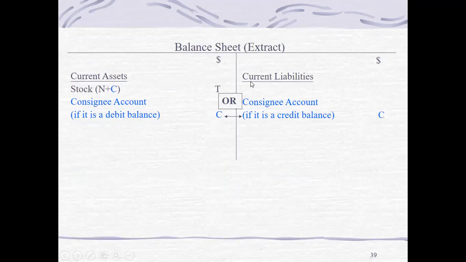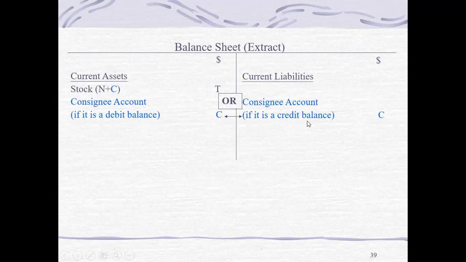For the balance sheet, as extracted under current assets, we can see on the consignor's books the balance of the inventory on consignment. And then there is a debit balance for the consignee account, or the consignee account will have a debit balance if there is still a receivable, or a collectible, to be received by the consignor from the consignee in relation to the goods which are already sold.